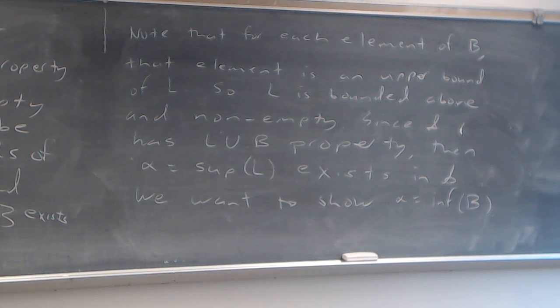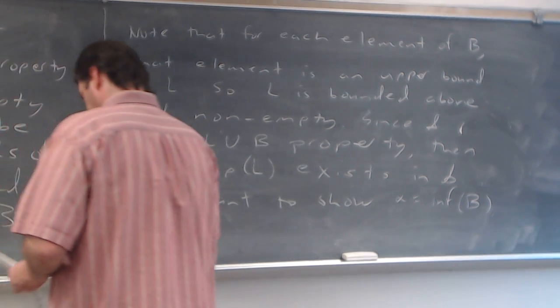And so how do we show that alpha is equal to the infimum? Well, we have to go back to the definition of the infimum. First of all, alpha's got to be a lower bound of everything in B. So that's the first thing.